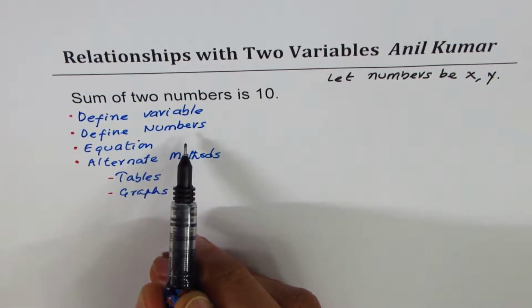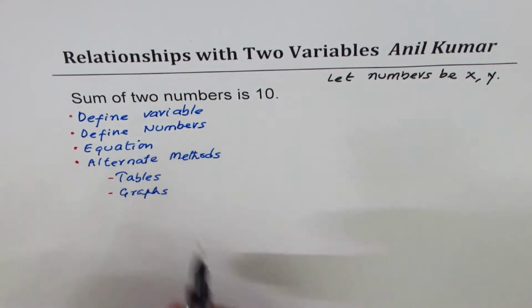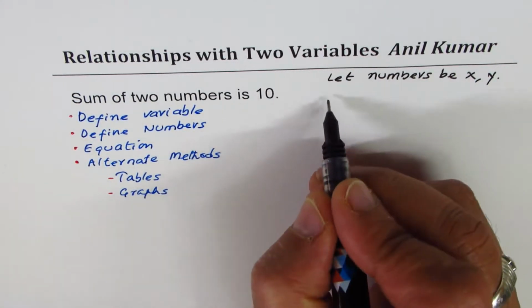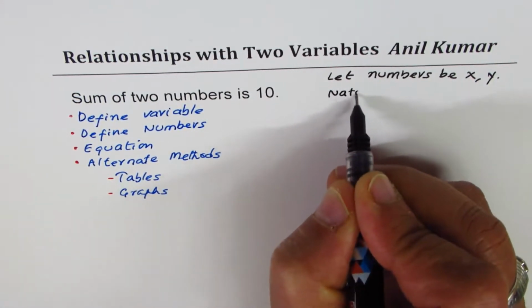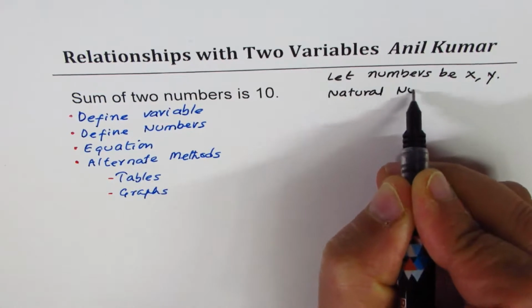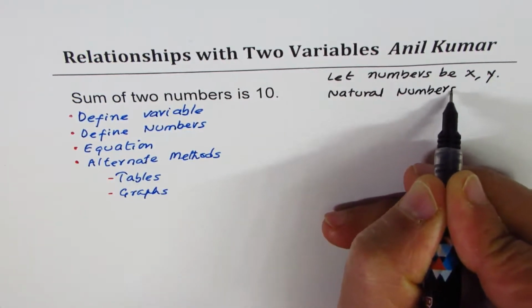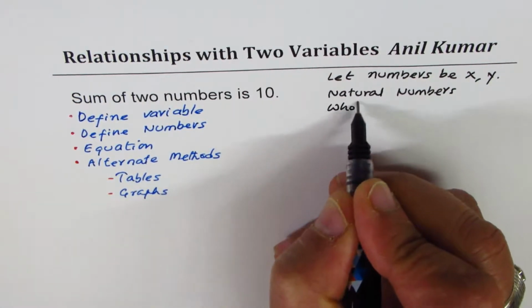Okay. Now, second thing we say is define numbers. Now, what numbers? It's kind of confusing at times, but it makes sense. We could think about natural numbers. We could think about whole numbers.